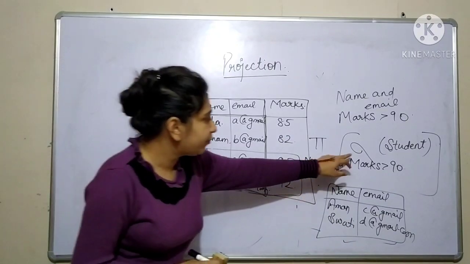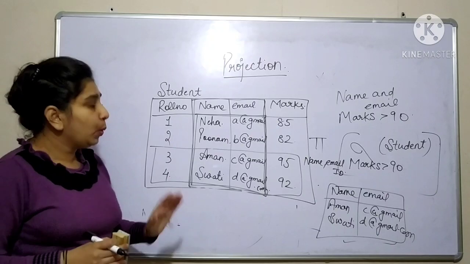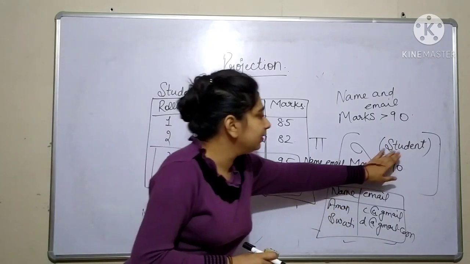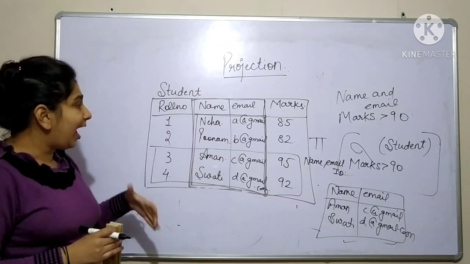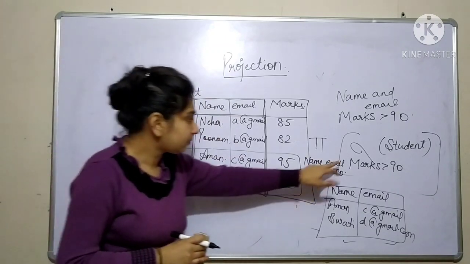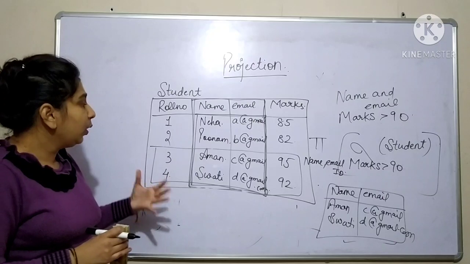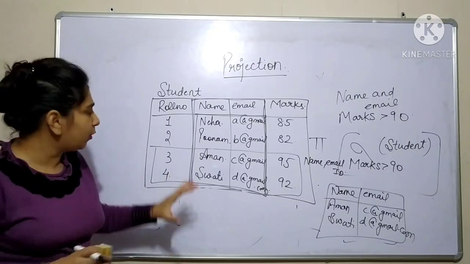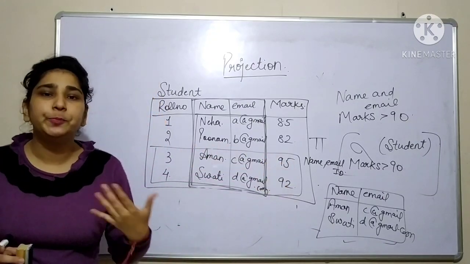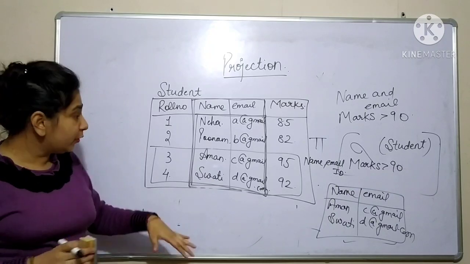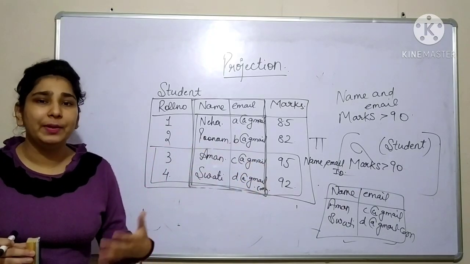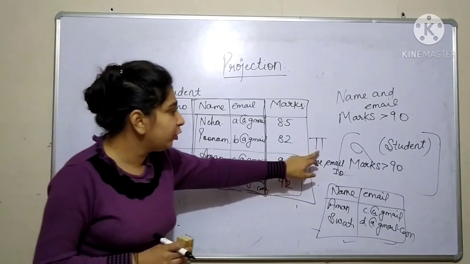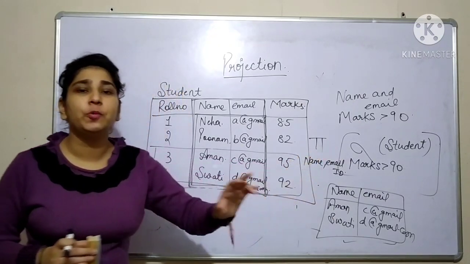This first selection operation we perform on the complete student relation. After performing the selection operation, we get some number of tuples in the output. From that set of tuples, we perform the projection operation.